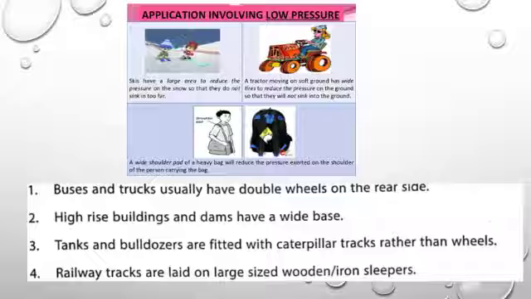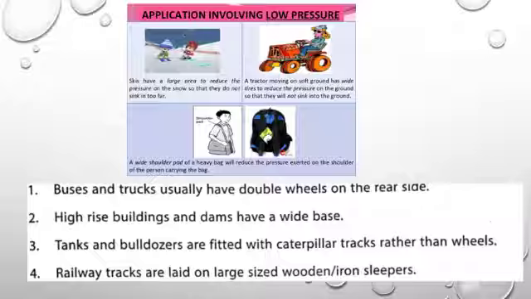Now what when we need low pressure? Then we have to increase the area of contact. For example, buses and trucks have double wheels on the rear side, that is, the backside wheels are double. Why?